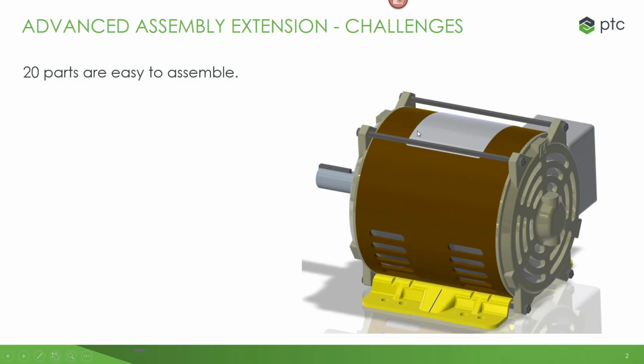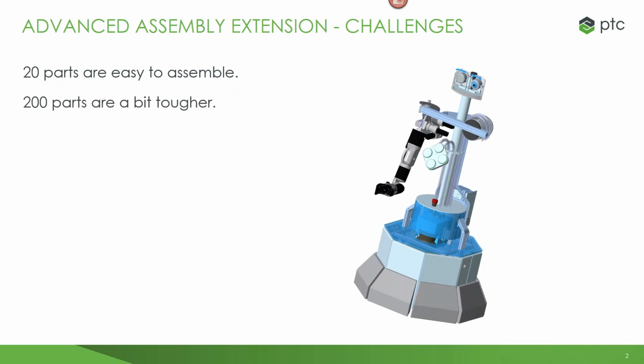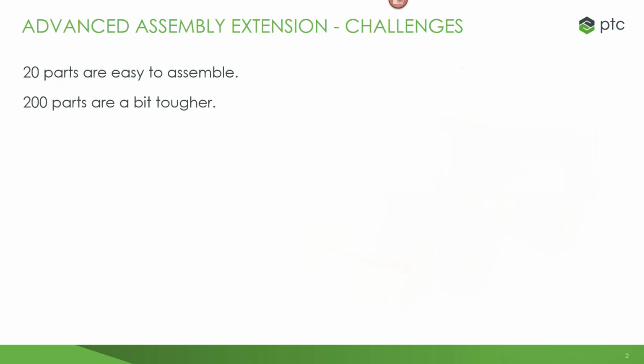So some of the challenges here: if you're just doing basic assemblies, say 20 parts, that's relatively easy to assemble. It really doesn't matter if you do a top-down approach or a bottom-up approach. Either one is fine. But if you jump up the part count, let's say to 200, it gets a bit tougher. It's not impossible, but some design intent is becoming more and more necessary.